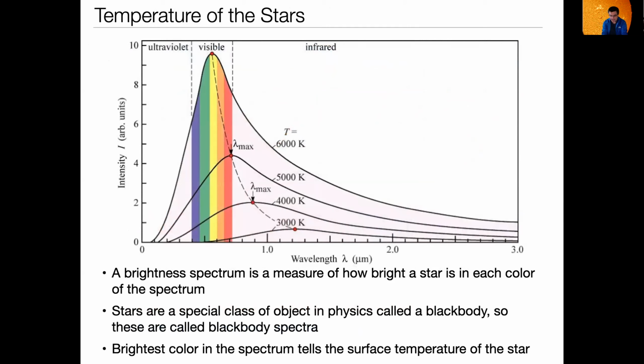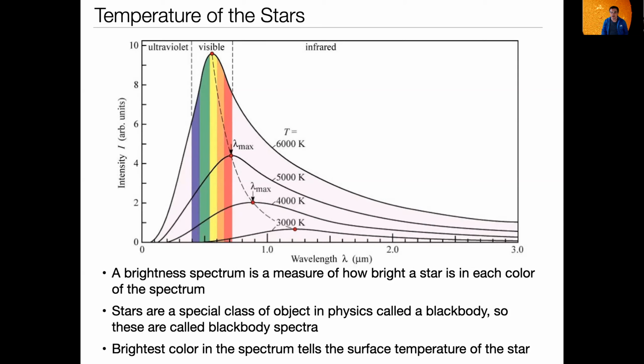If you look at a star through those individual filters that I showed you at the beginning, the star will have a different brightness through each of the colors. And if I plot the brightness of the star through each of those color filters, it makes a curve just like the curves that you see in this graph.